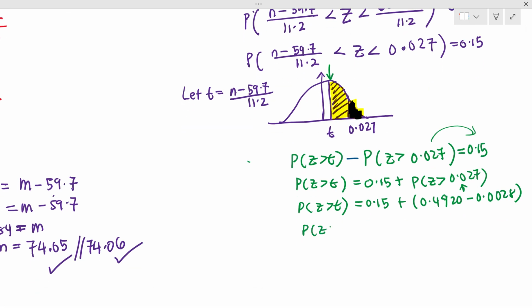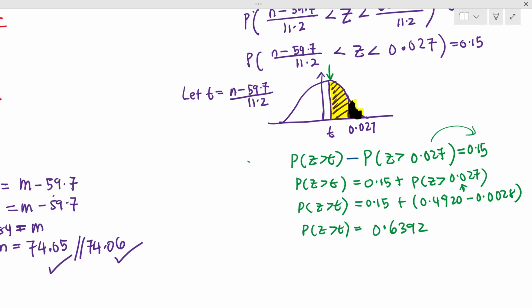What is your probability z greater than t? Sum up everything. 0.4920 minus 0.0028. But then I'm getting 0.6392, which is illogical, right?